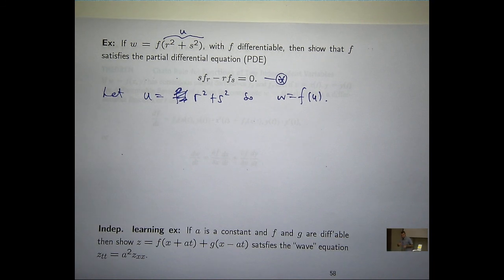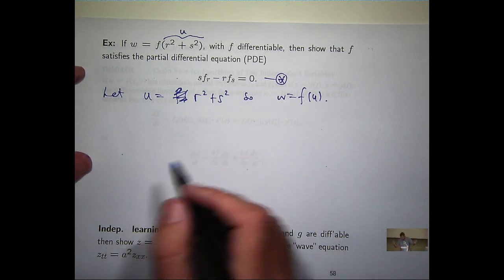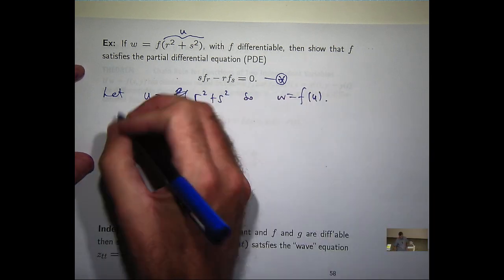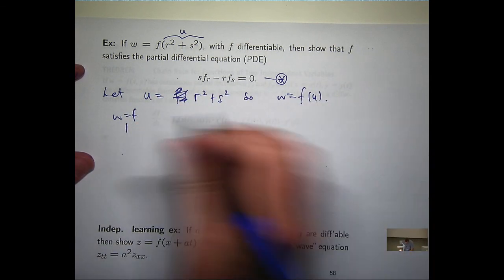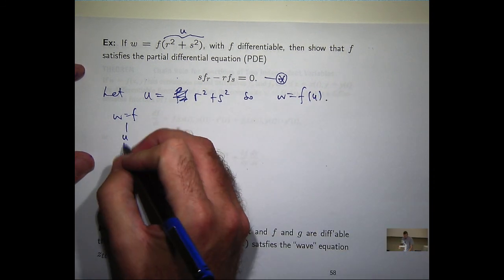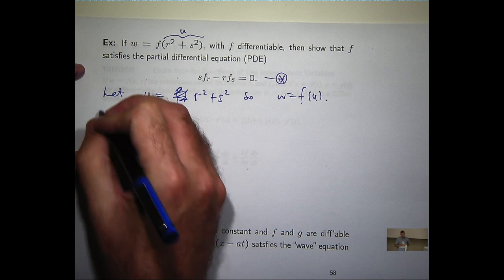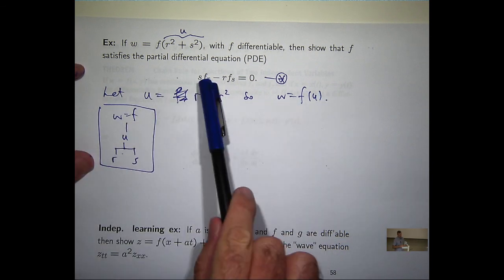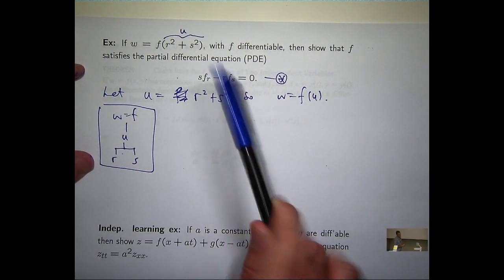Now, just to remind myself of the chain rule, you won't get the chain rule in your exams, by the way, so you need to be able to come up with it. All right, so W depends on U. U depends on R and S. So we want to calculate df dr and df ds.